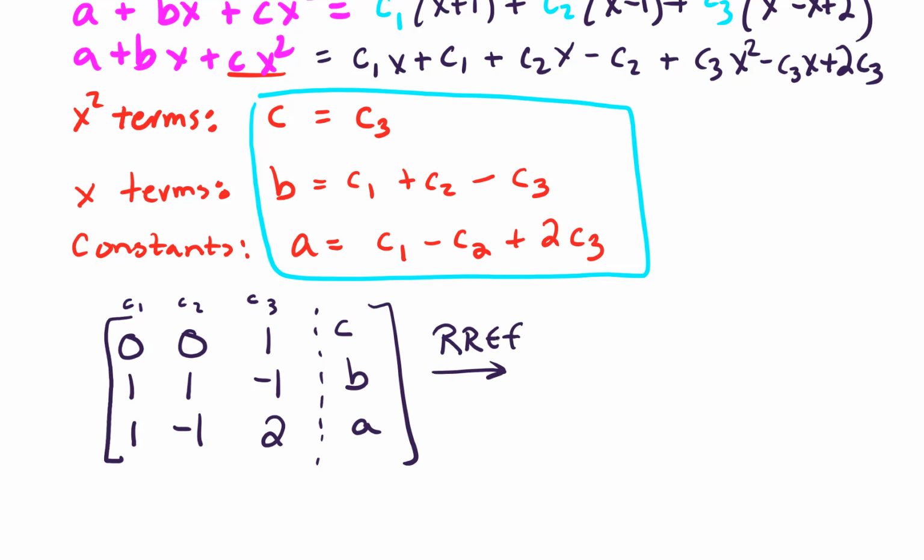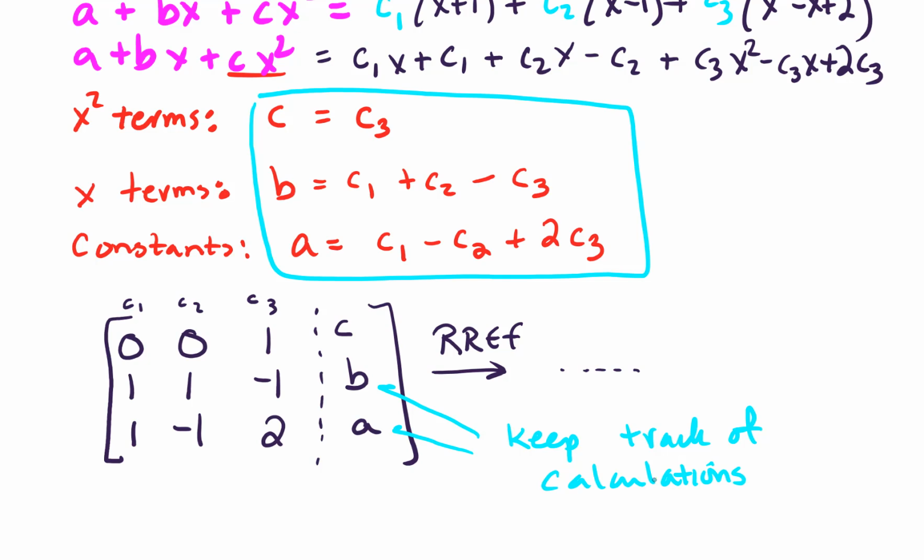I won't bore you with the details, but we could certainly RREF this. Now the problem with doing that is that we're going to have to keep track of the calculations over here, and that's going to get messy.